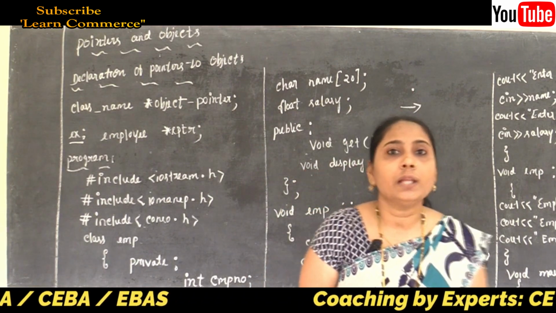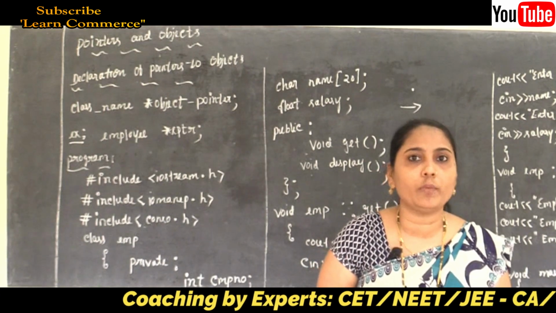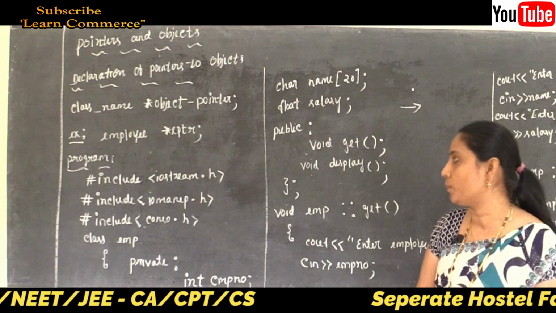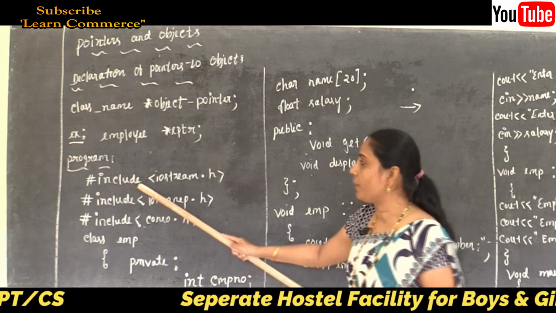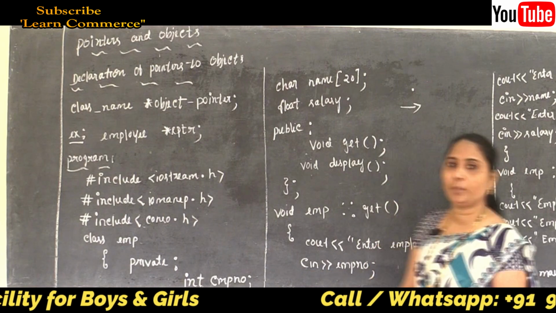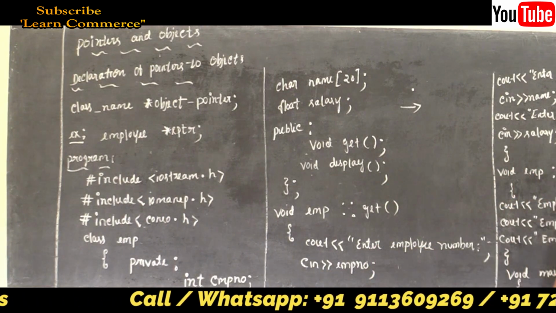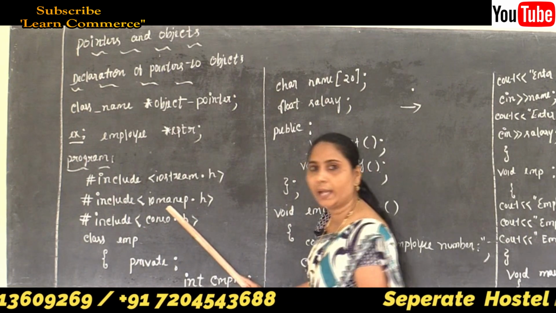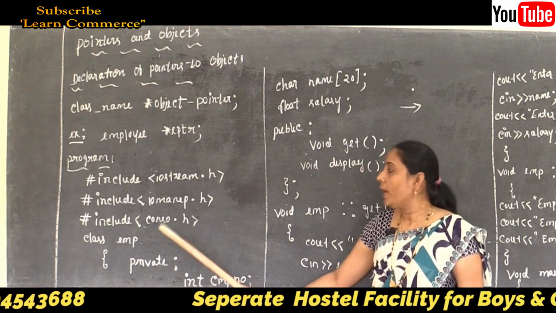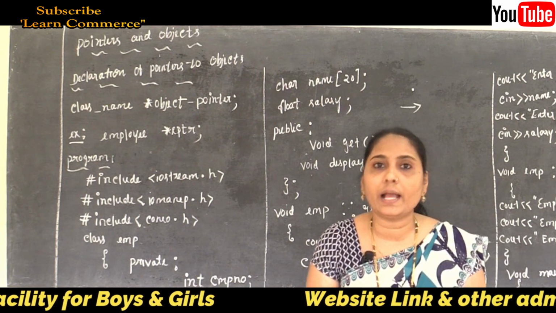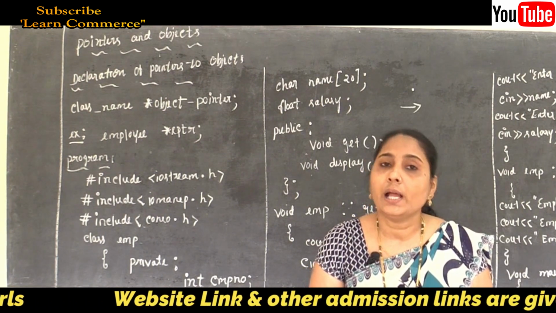Now let's see a simple example for object pointer or pointer to an object. We start with header files: #include <iostream.h>, the second header file <iomanip.h> for endl and setw, and the third header file for clrscr, to clear the screen.